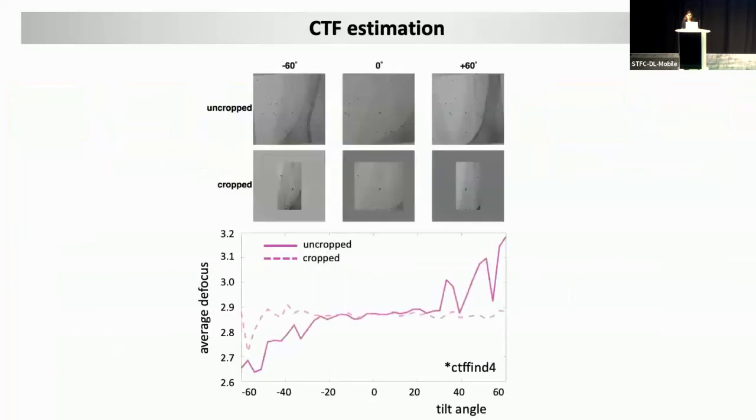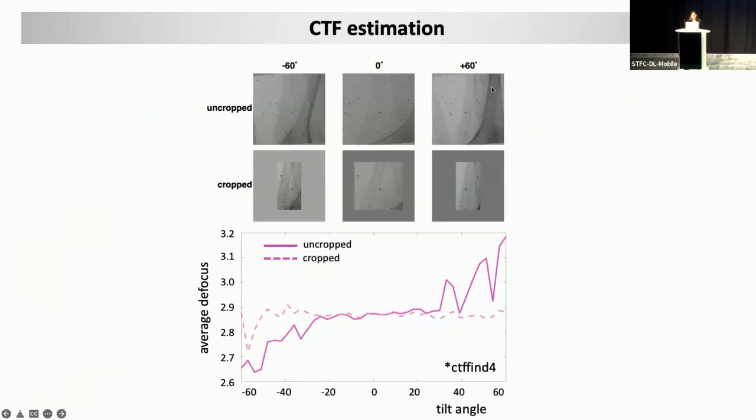I just want to make a small note about the CTF estimation. We use CTFFIND4 in Tomo robot. And what we noticed is that if you estimate the CTF on the full image, the CTF estimation at high tilt tends to go wrong.